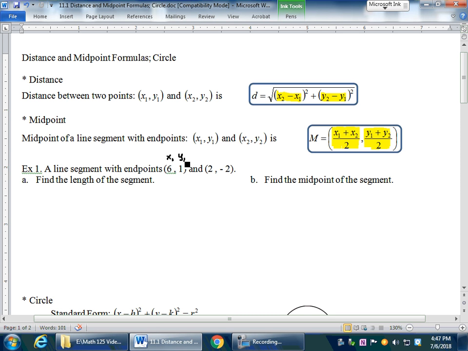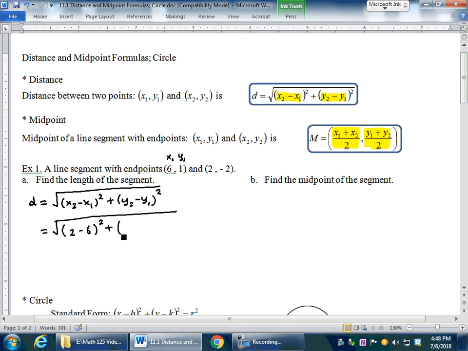So now to find out the length, I basically use the distance formula. Distance is equal to the square root of (x2 minus x1) squared plus (y2 minus y1) squared. When I plug it in, my x2 is 2 minus x1 is 6, squared, plus y2 is -2 minus 1, squared.